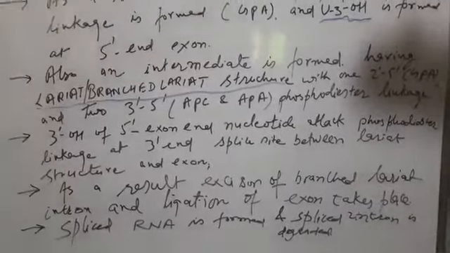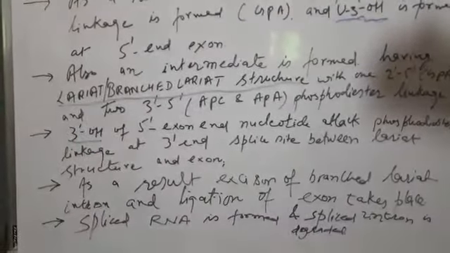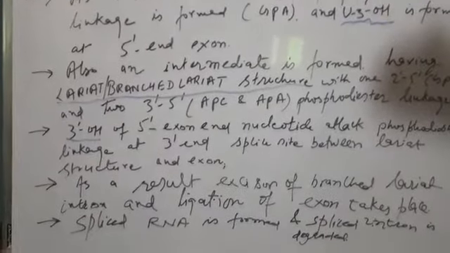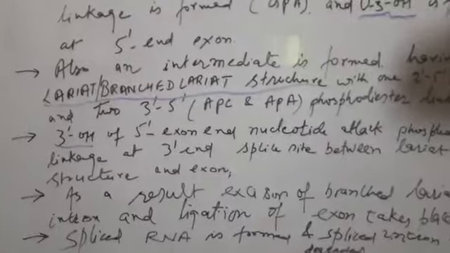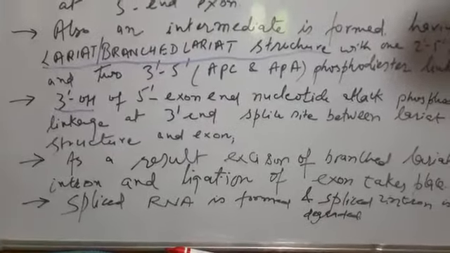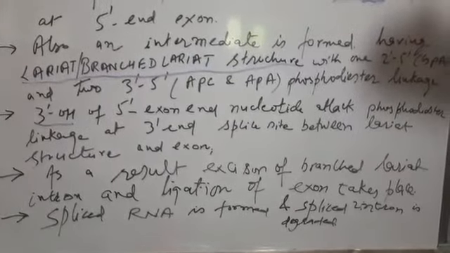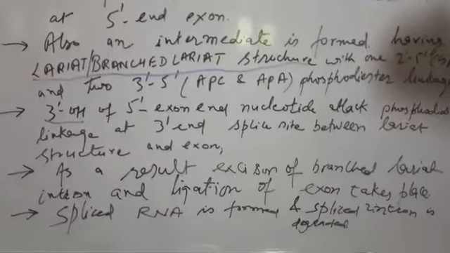Now next, as I told you, this 3' OH at the 5' exon end nucleotide attacks the phosphodiester linkage at the 3' end splice site between the lariat structure and exon near the 3' end. As a result of it, what happened?